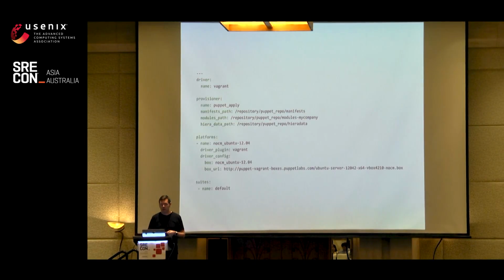So just going back a few slides, the minimum viable testing to add with Test Kitchen to a Puppet module looks like this. This is the .kitchen.yaml file which you add to your project, and it sets up some stuff, tells it that the provisioner is Puppet.